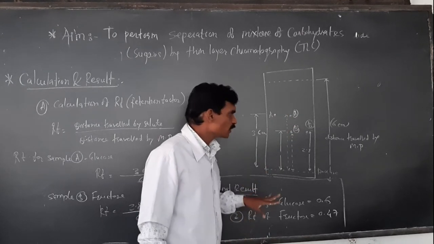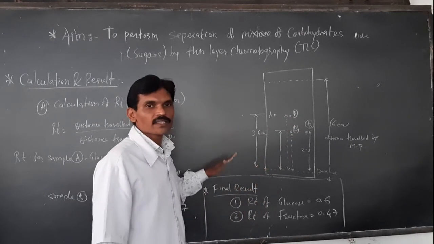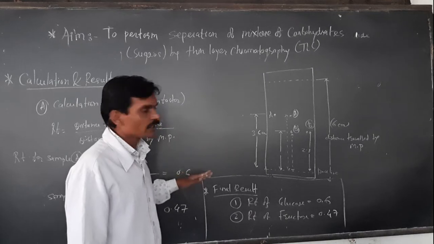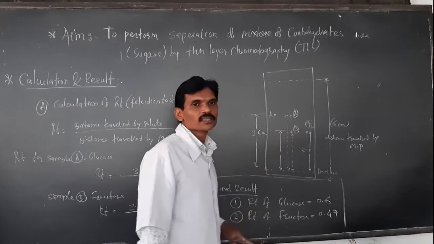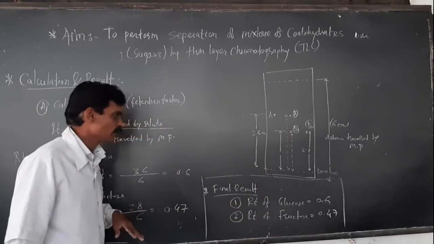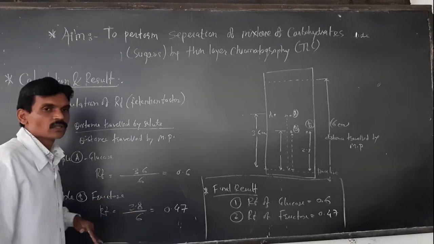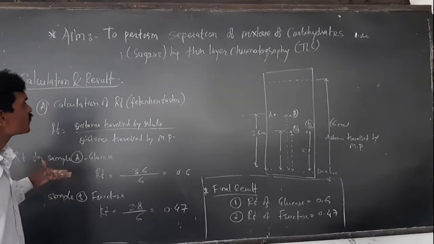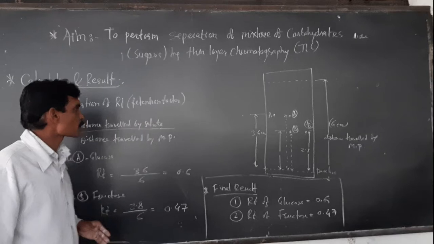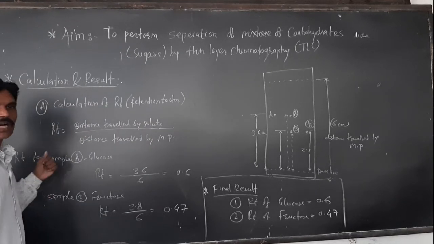So finally we can say that our sample mixture of sugars or carbohydrates gets separated by performing this thin layer chromatography. Here we have to calculate the RF value. What is RF value? RF value is the retention factor. How is it calculated?